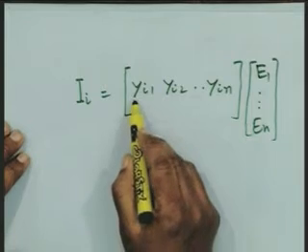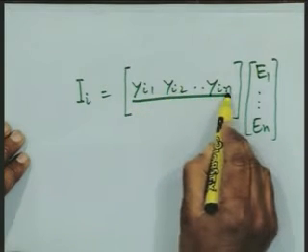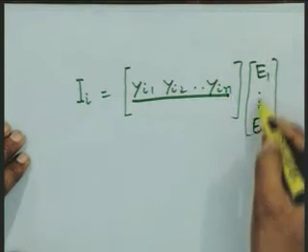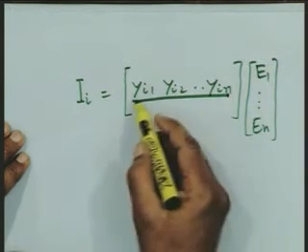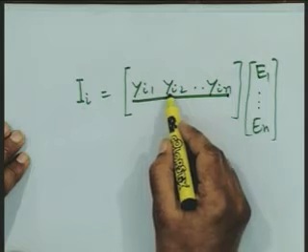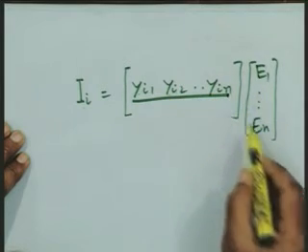That is, this is the ith row of the Y bus matrix, and when you multiply this with the bus voltage vector, you will get Ii as Yi1 E1 plus Yi2 E2 plus Yin En.